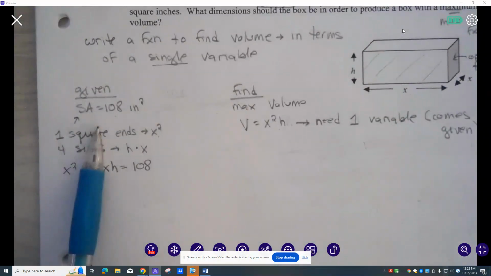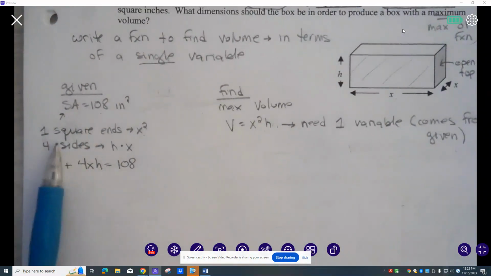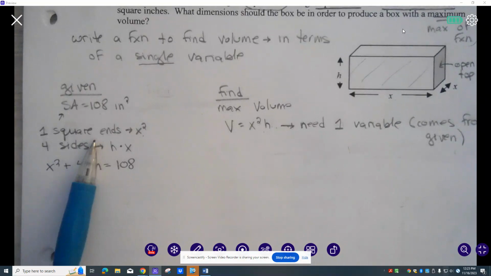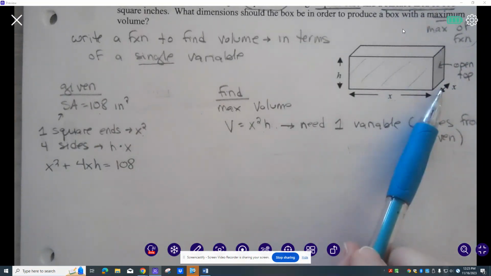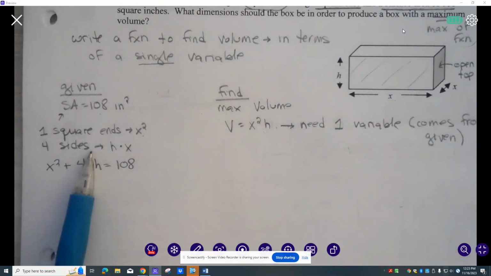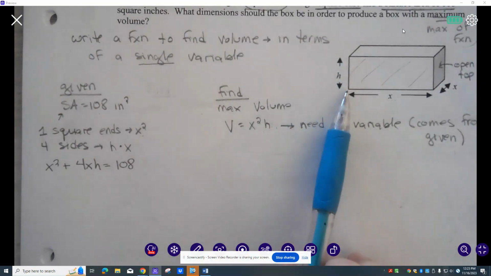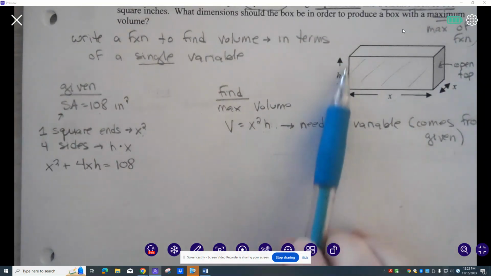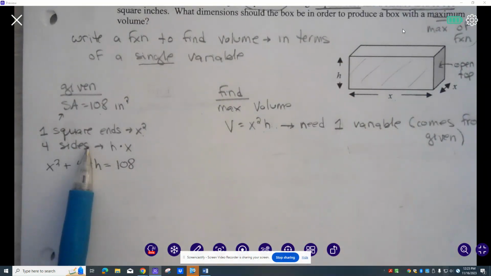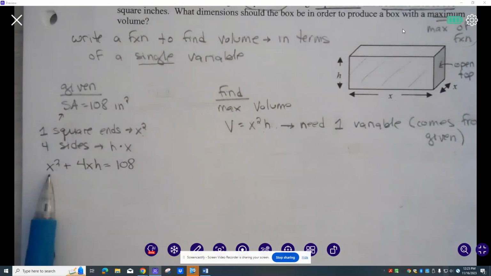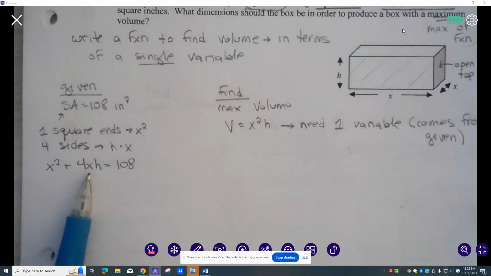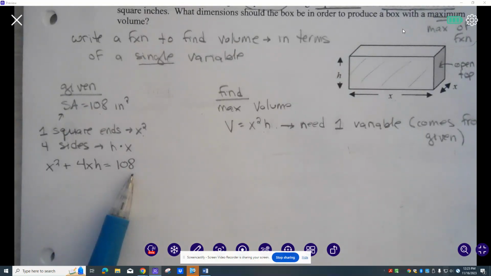So the surface area is one end, which has an area of x squared because it's square, plus 4 sides, which have an area of h times x. So x squared plus 4xh equals 108. That's what we know.